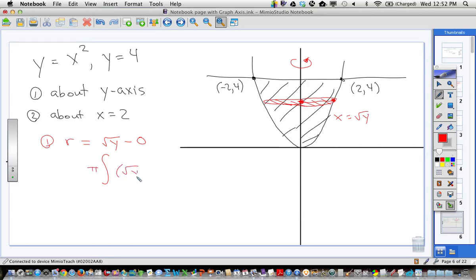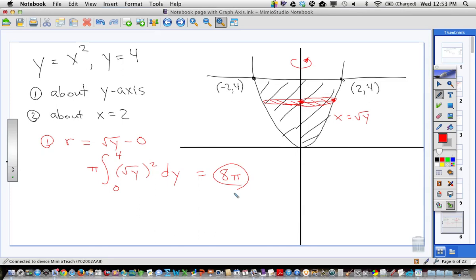Take your r, square it. So it's pi r squared. The slices go from 0 to 4. And then wouldn't this be 8 pi? I think it's exactly the same thing, isn't it? In the end, it ended up being the same thing.